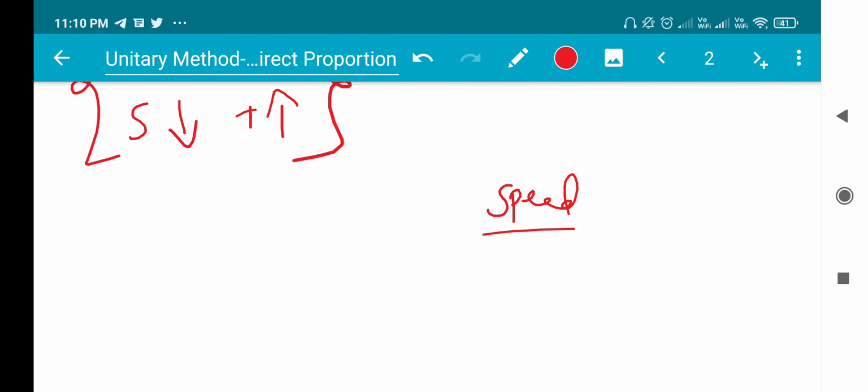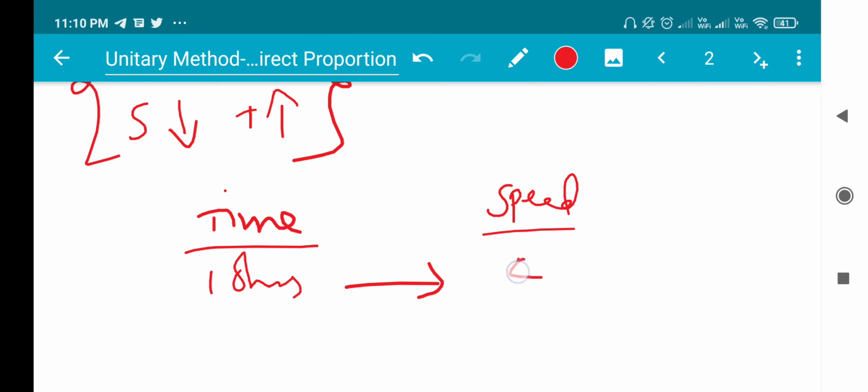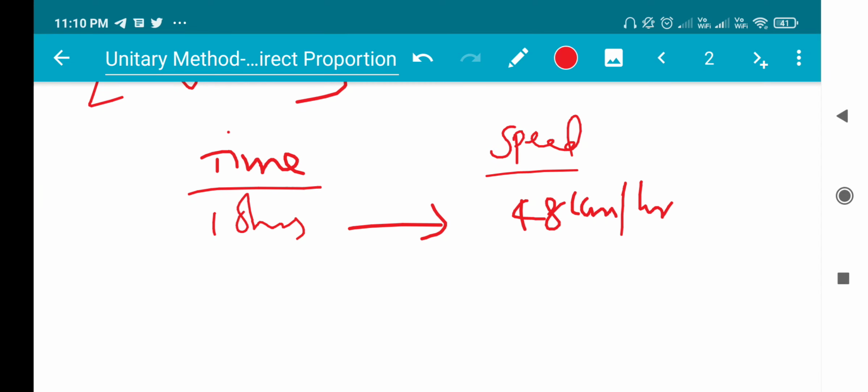Given the time, in 10 hours, the speed is 48 km per hour. Next, the same distance in 8 hours, we have to find the speed.